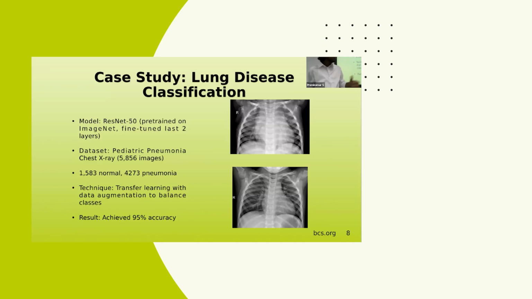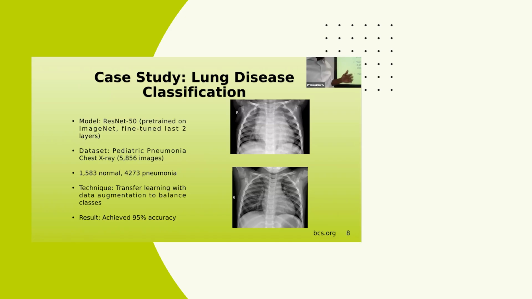Instead of training the model from scratch, I used transfer learning to fine-tune only the final fully connected layers of the model to adapt to the medical images that I gave it. At the top, you can see an X-ray with bacterial pneumonia, and at the bottom is the normal X-ray.